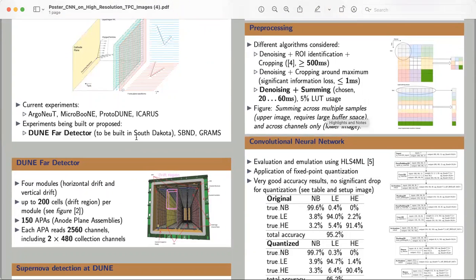There are experiments being built or proposed. Our current use case is the DUNE far detector, which is a huge 70 kiloton detector that is to be built in South Dakota.